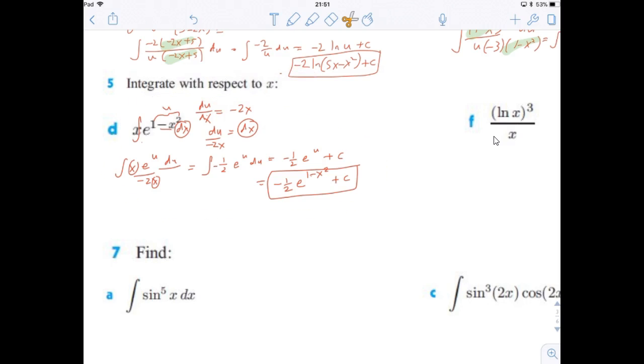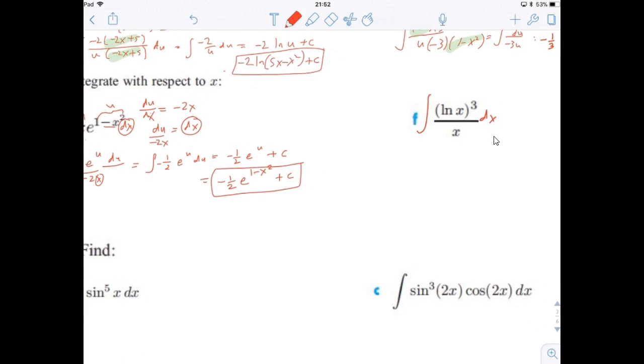All right. Let's do this one here. Integral of natural log of x cubed divided by x. So this looks kind of suspicious. 1 over x is the derivative of natural log. So it looks like the u could be natural log of x, and the du dx could be 1 over x.